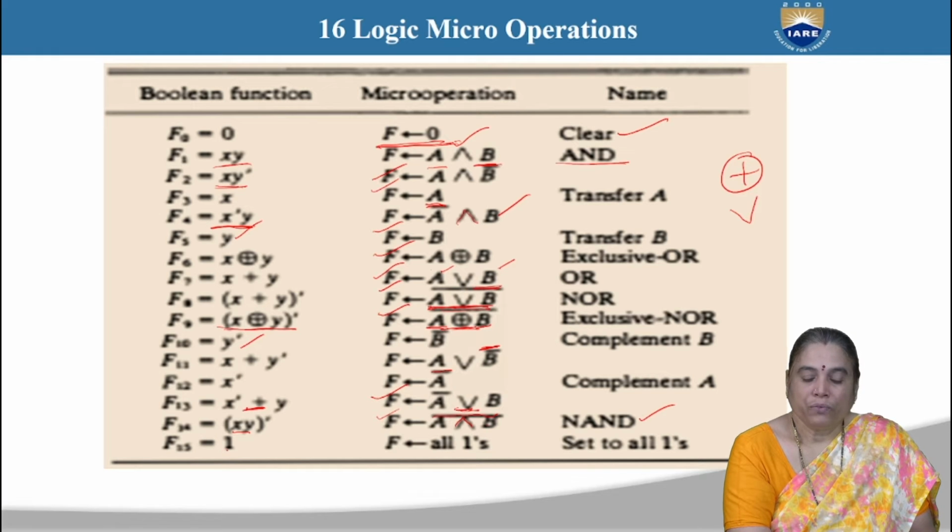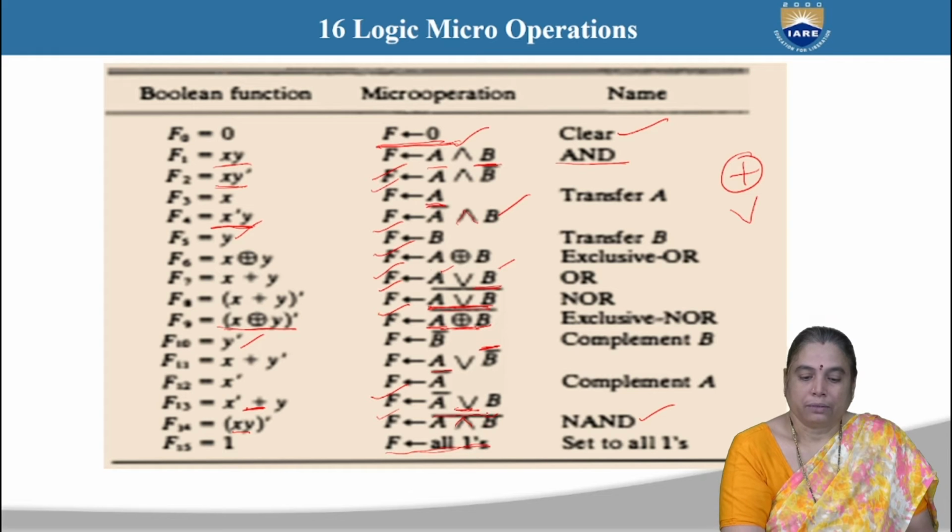Next one is moving a 1 value to the F. So all bits of the register can have a 1 value and can be represented in the RTL like this. So all these are the 16 logic micro operations that can be applied.